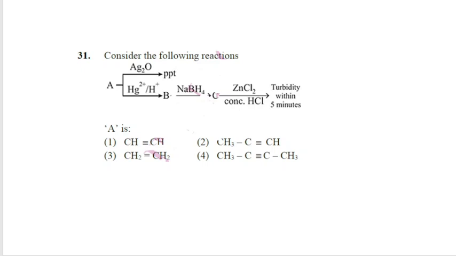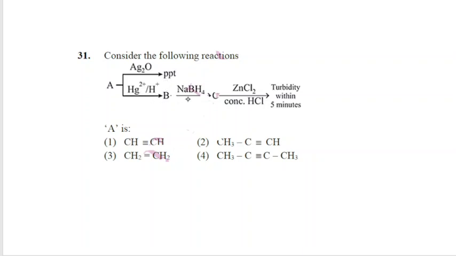Consider the following reactions. Here A is giving the precipitate with Ag2O, so it must be a terminal alkyne; at least one terminal hydrogen must be there in order to get the silver white precipitate.